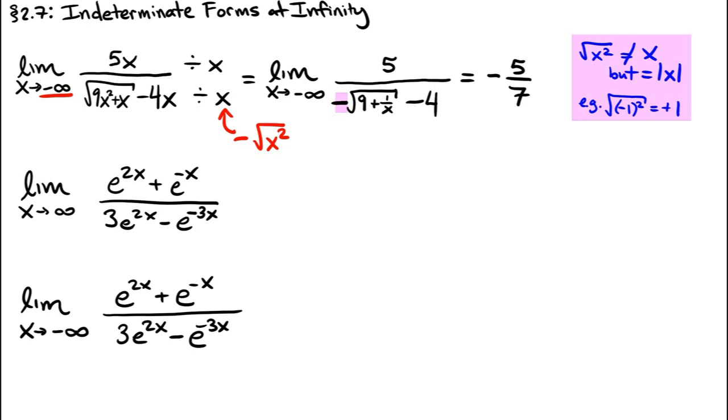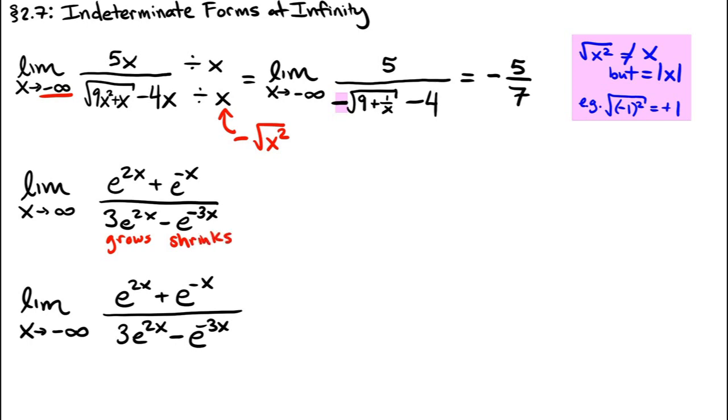Now, in the second example, we have to think about how these exponential functions will grow or shrink as x goes to infinity. When we raise e to a bigger and bigger positive number, it grows. So here, e to the 2x is growing. But when you raise e to a bigger and bigger negative number, it shrinks.